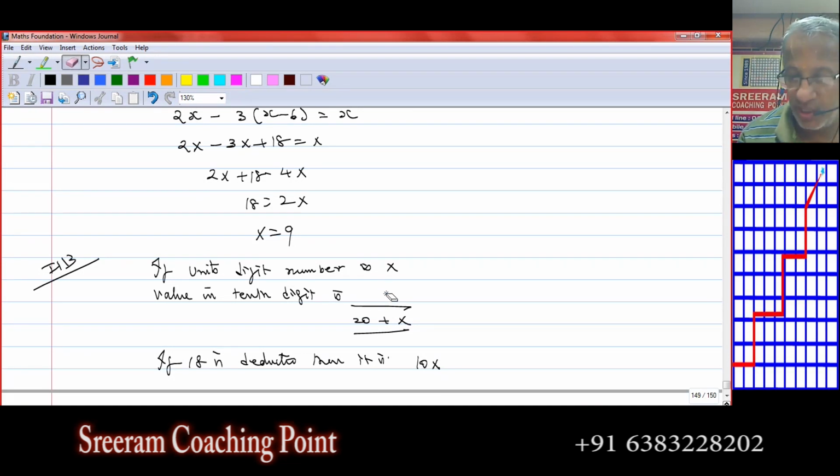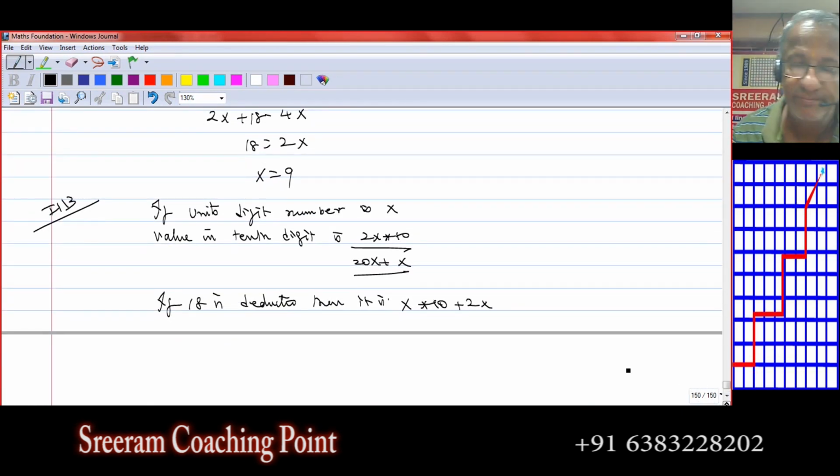Or I will put it this way, 2x into 10. So it is 20x. So if 18 is deducted, then it is x into 10 plus 2x. Correct? Are you understanding? Yes, sir.